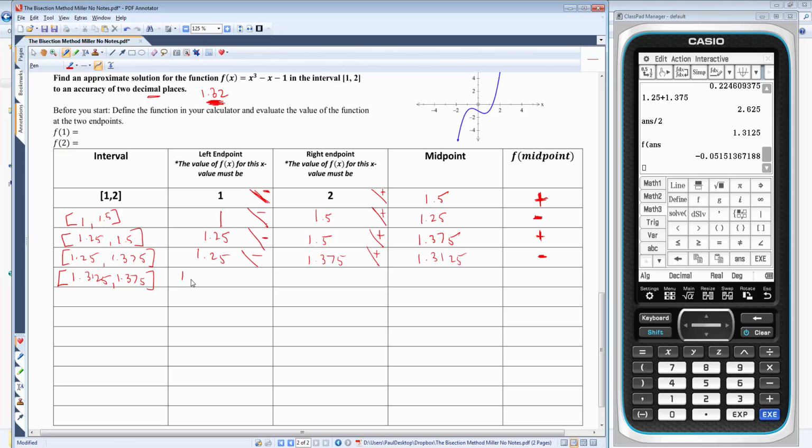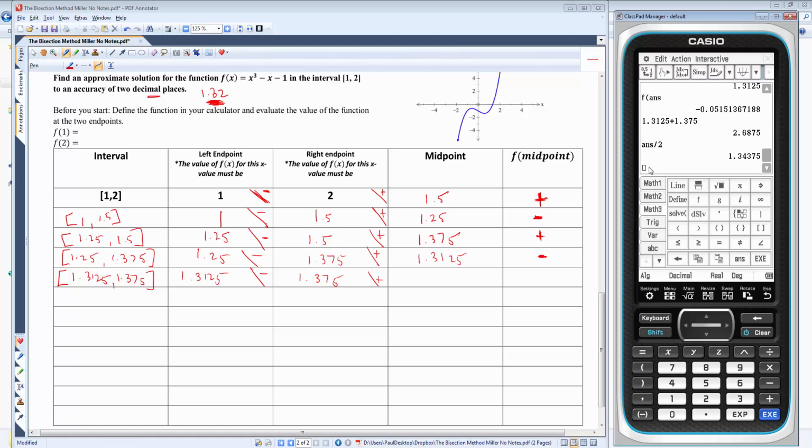Alright, now 1.3125 produced, that was this one here, a negative, and 1.375 produced a positive. Alright, so again what we're going to do is find the midpoint, 1.3125 plus 1.375.